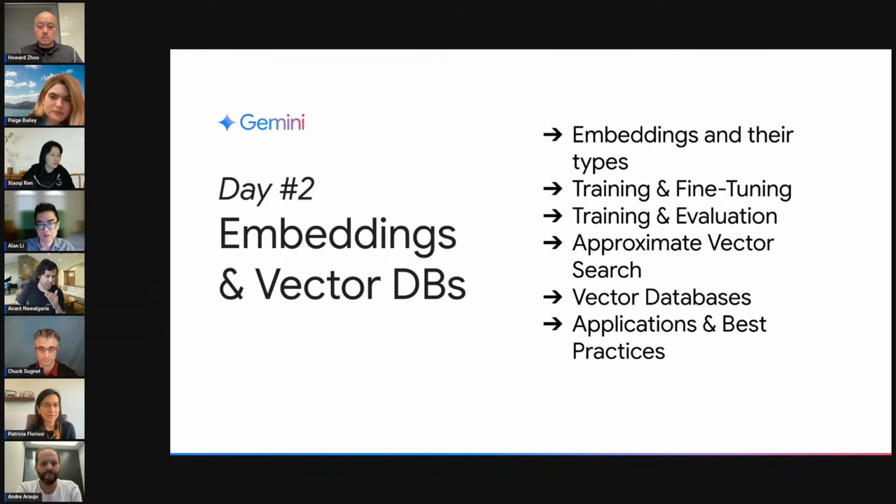We also looked at the various types of embeddings, such as text embeddings, which evolved from early methods like word2vec all the way to context-aware models like BERT and the Gemini backbone-based embeddings. We also have image and multimodal embeddings, plus there are ways to embed structured data and graphs into their semantic representations.